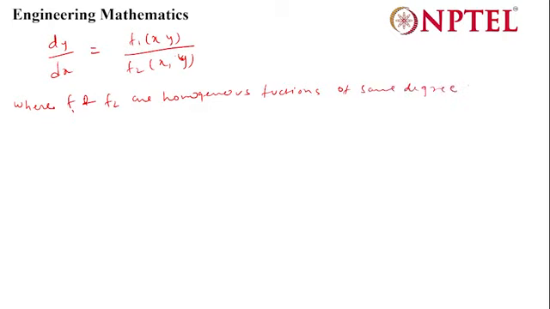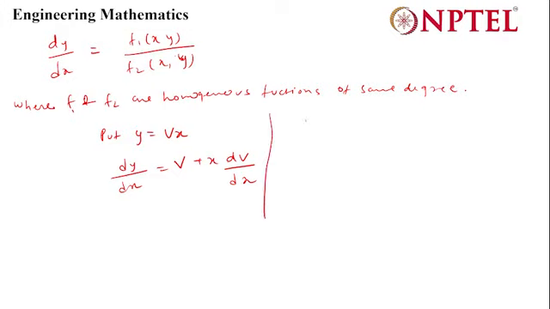So how to solve such kind of equation? We will put y is equal to vx, then from here dy by dx is equal to v plus x dv by dx. We'll do one example of this kind.